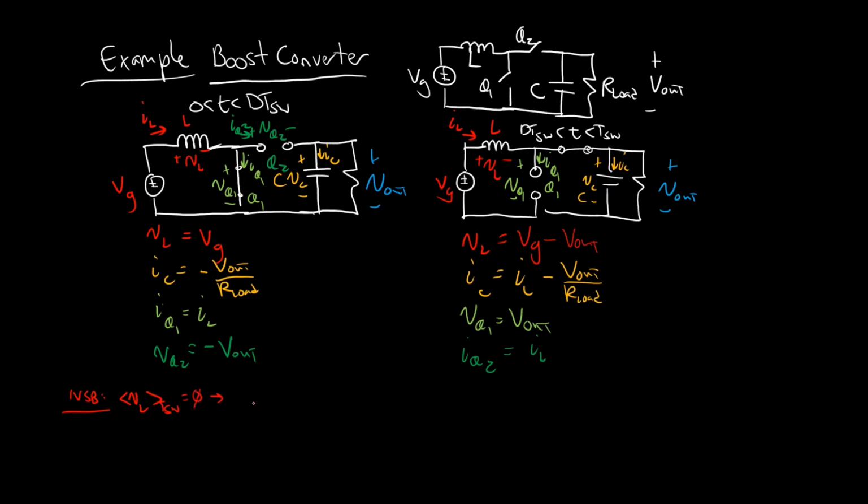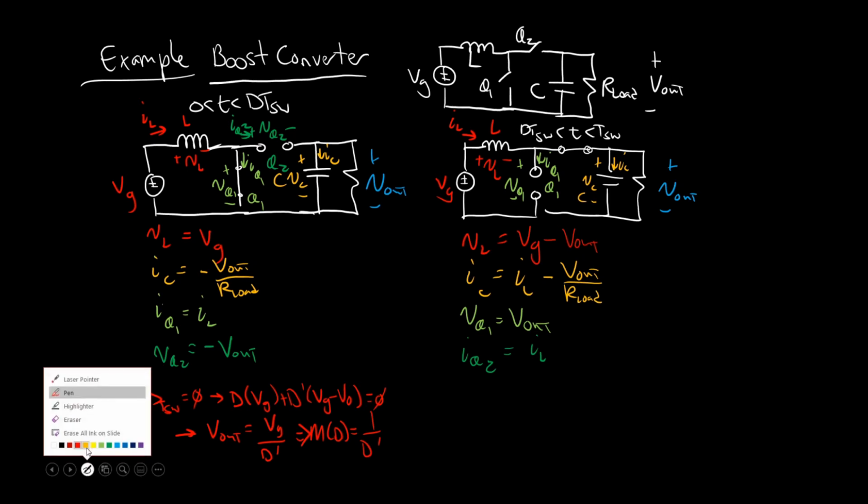And if I write this out very quickly, we have D times VG plus D prime times VG minus V out. This is the shorthand way, right? It's equal to 0. What this says, if you simplify it, is that V out is equal to VG over D prime, which means that M of D, the conversion ratio, is 1 over D prime. Great. And we can do CCB as well.